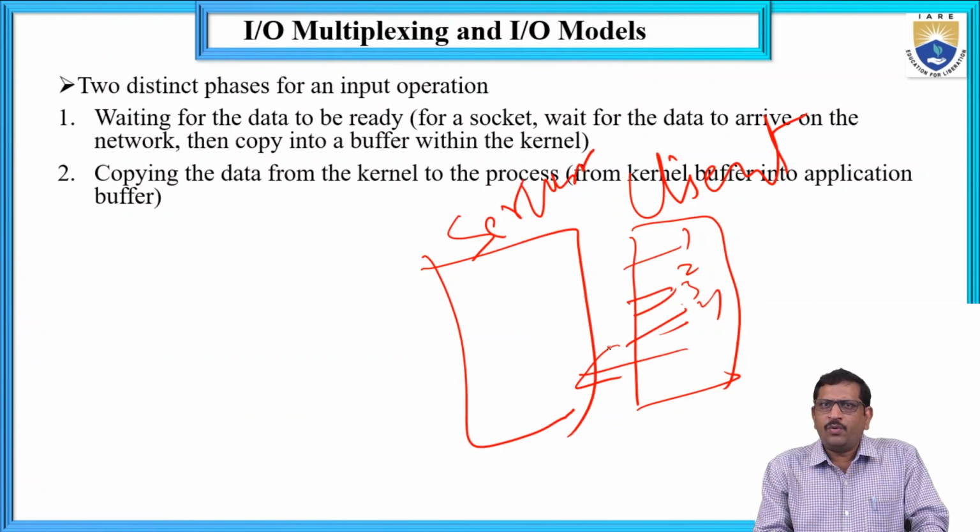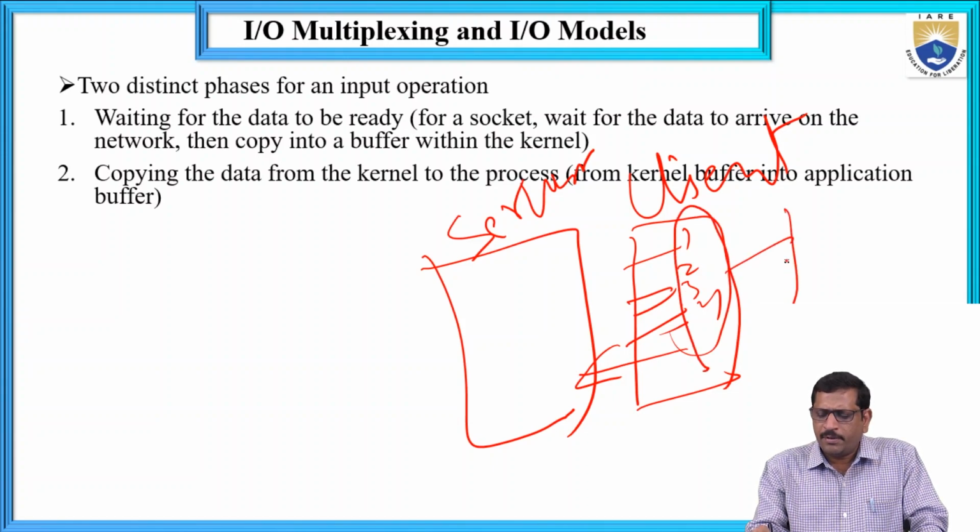Like this, we can establish copying the data from the kernel to the process, from the kernel buffer into the application buffer. All the applications you are using can be stored in the application buffer.